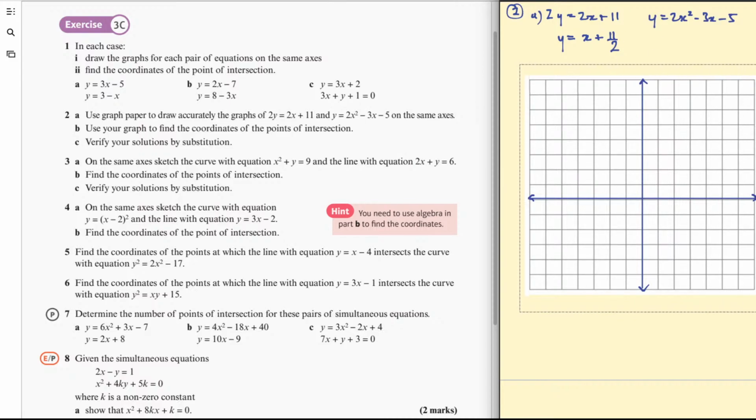So how to draw the quadratic. I really just want to do a table of values. I feel that's the most helpful way to do it, so that's what I'm going to do.